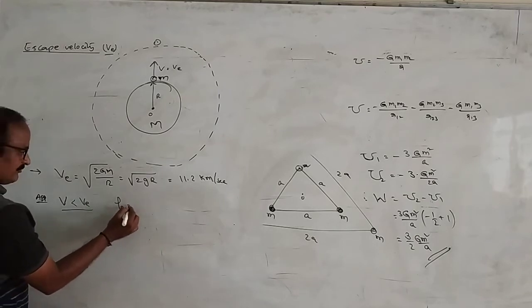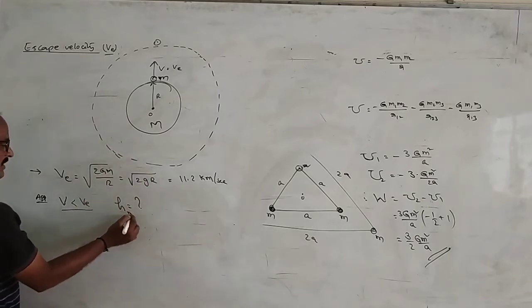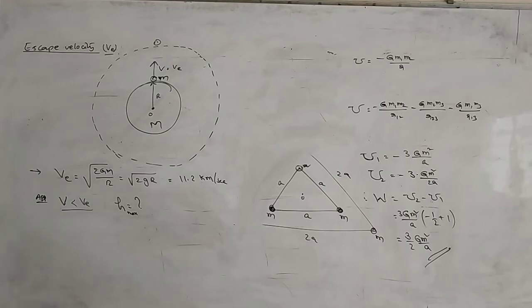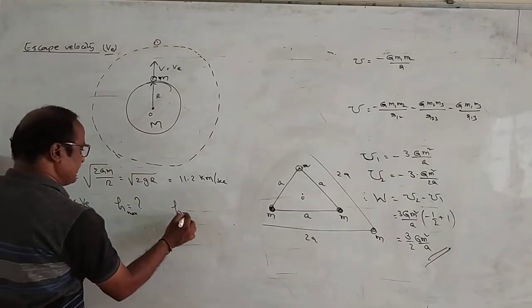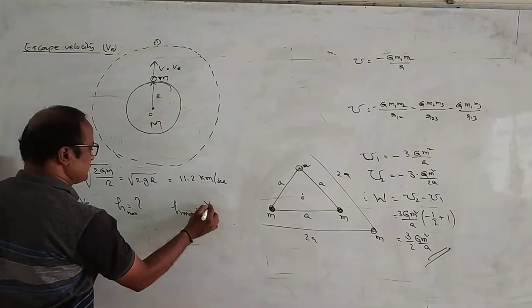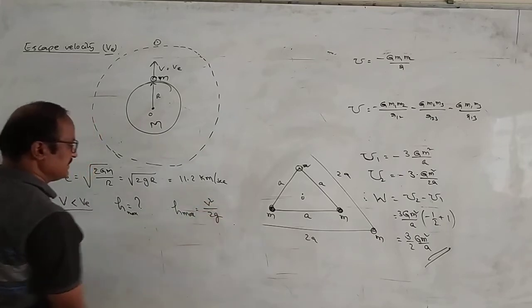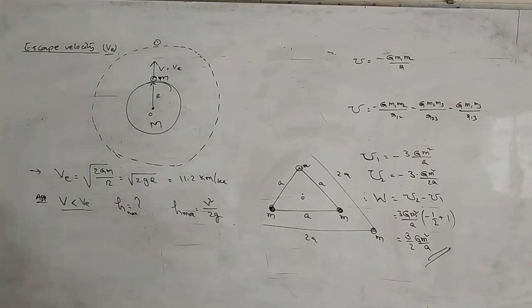Then find the maximum height raised by the body above the surface of Earth. If a body is projected with a velocity v, what is the formula for maximum height in case of a vertically projected body? H maximum is equal to v square by 2g, where v is the velocity of projection, which is less than escape velocity.